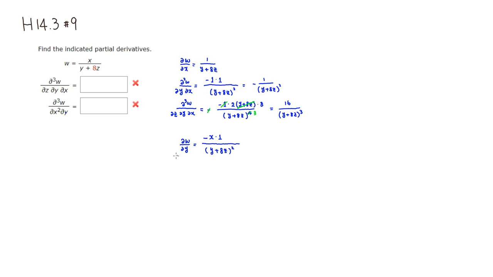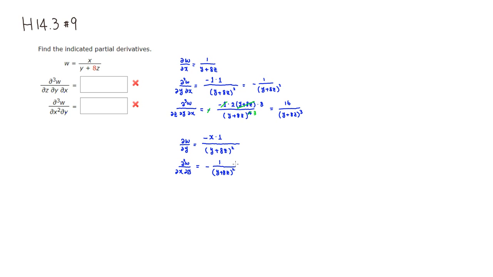Then we're going to take the partial with respect to x now. So you will get this. Negative 1 over quantity y plus 8z squared is just a constant, and the partial of x with respect to x is going to be 1.